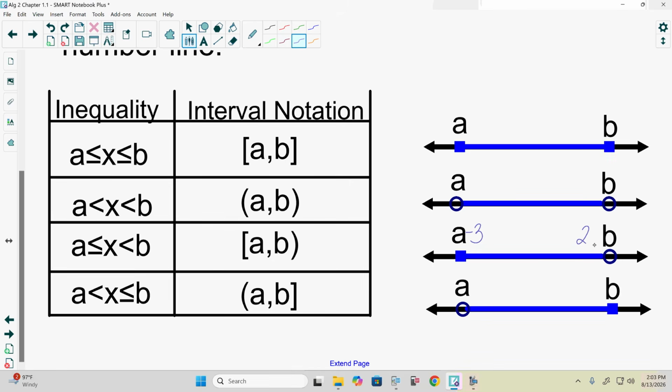I don't know why I was thinking 2. 4. Now we just replace A and B, yes? So bracket A comma B would be bracket -3, 4. Inequality, if we wanted to, it didn't ask. We have what? -3 is less than or equal to x is less than 4.